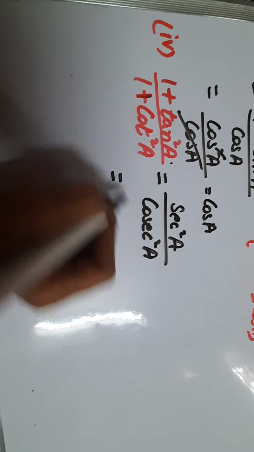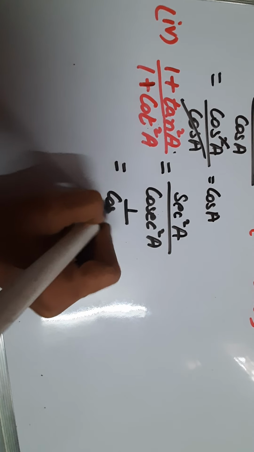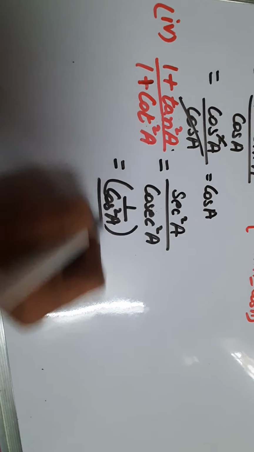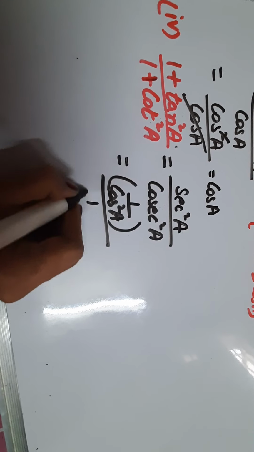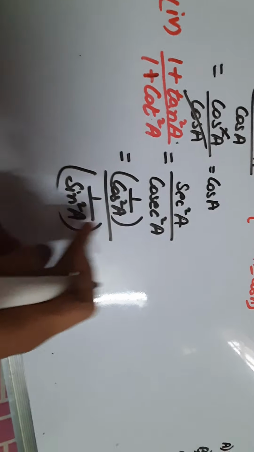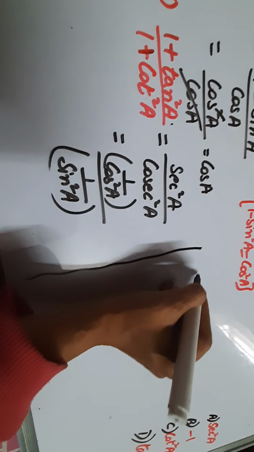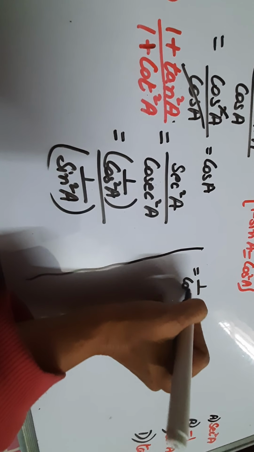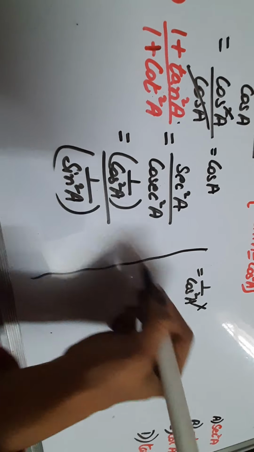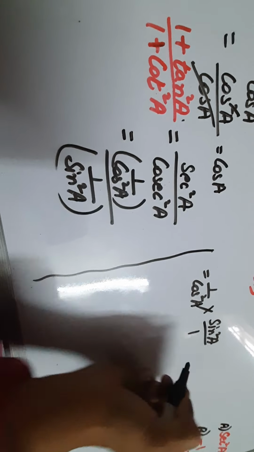And now let us convert them into sin cos. Secant square can be written as 1 by cos square A, upon cosecant square which can be written as 1 by sin square A. Because fractions are there in the fraction, we will take the reciprocal. So numerator will be as it is, the denominator will get reciprocated, sin square A upon 1.